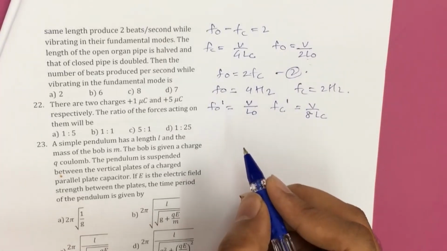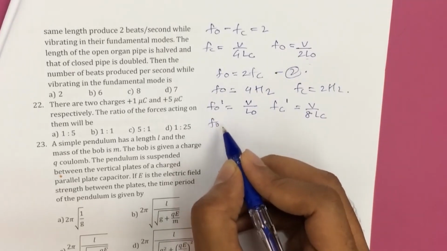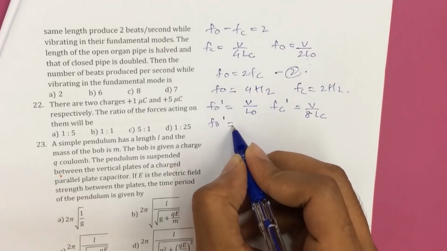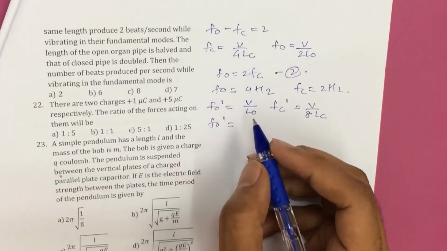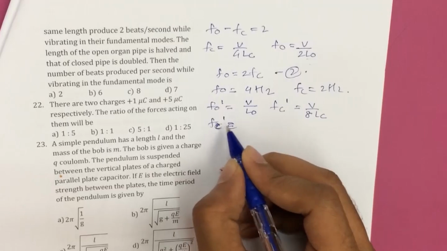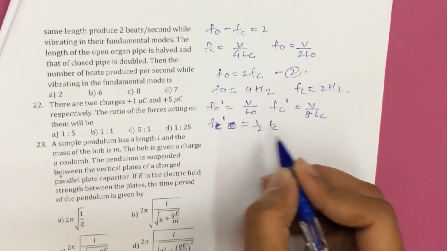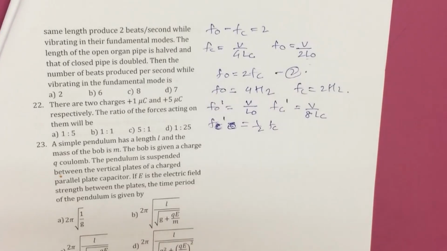So Fc dash is basically half of your original Fc.